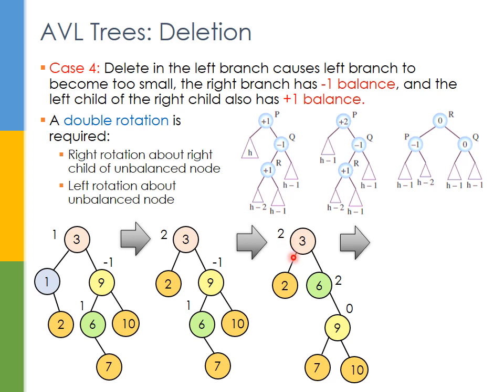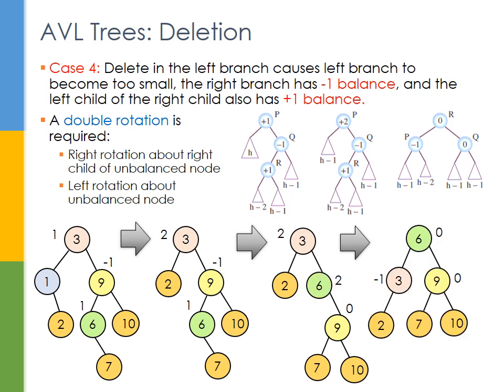So again, the unbalanced node is this node 3 over here. So we perform a left rotation of node 6 about that unbalanced node. The result of that is this AVL tree over here, but what's important to note is that the balance factors of the affected nodes are changed differently compared to case 3. So we can see that after our deletion, the unbalanced node had a balance factor of 2 that is then updated to -1 in this case.